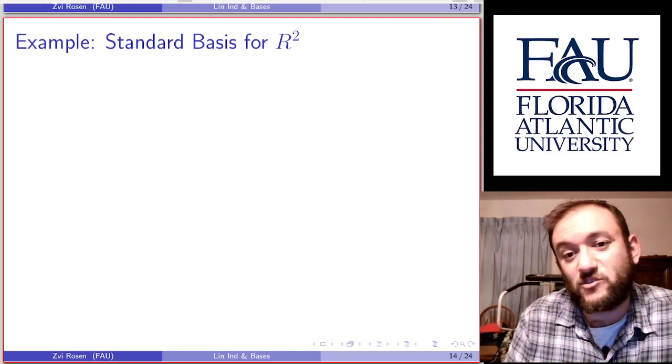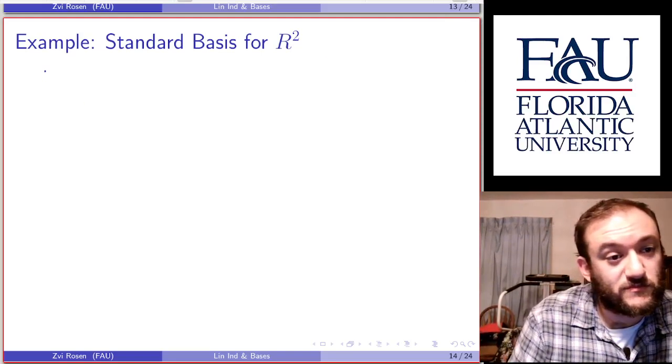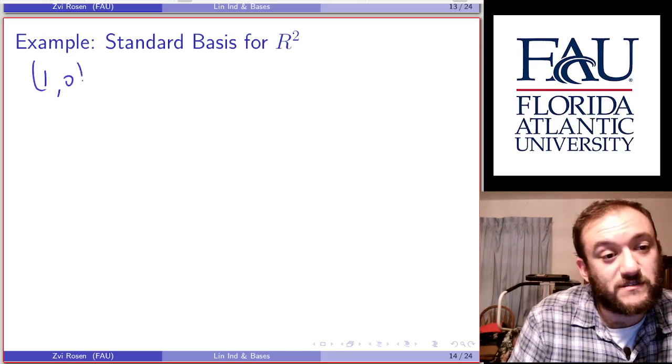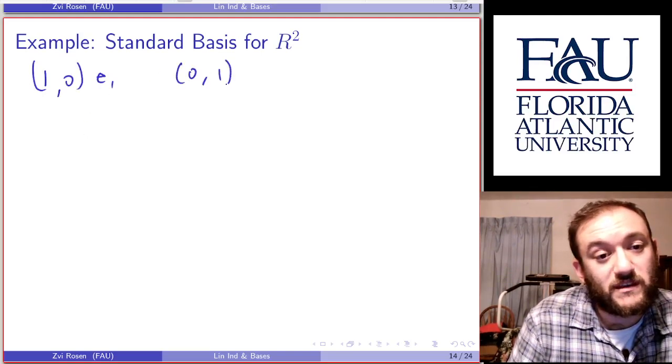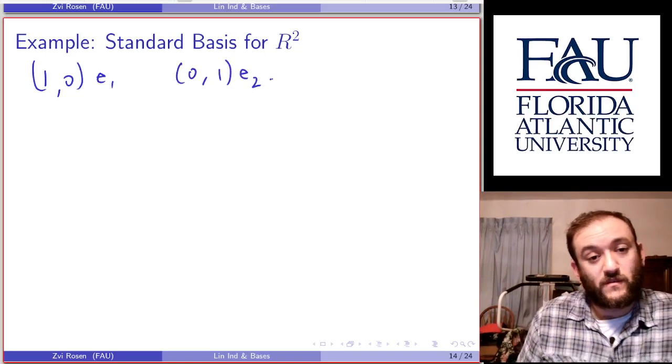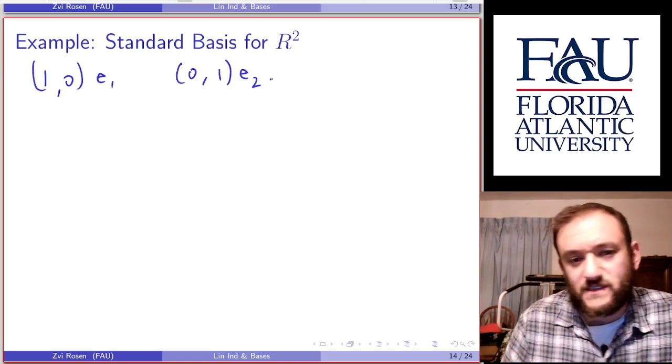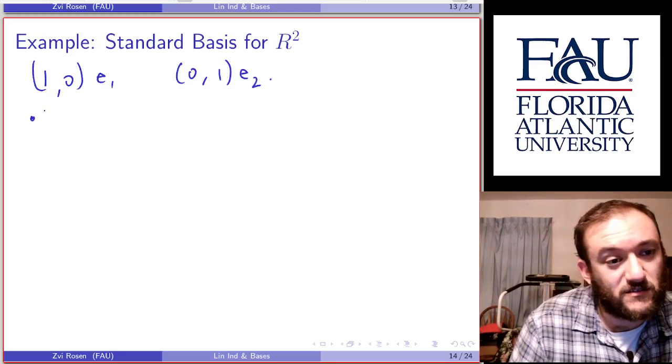So let's look at the standard basis for R2. So again, that was (1, 0), that's our E1, and (0, 1) is our E2. Okay, so we saw earlier that this is linearly independent.